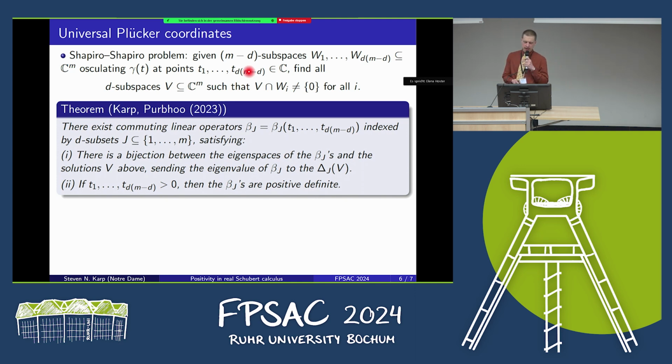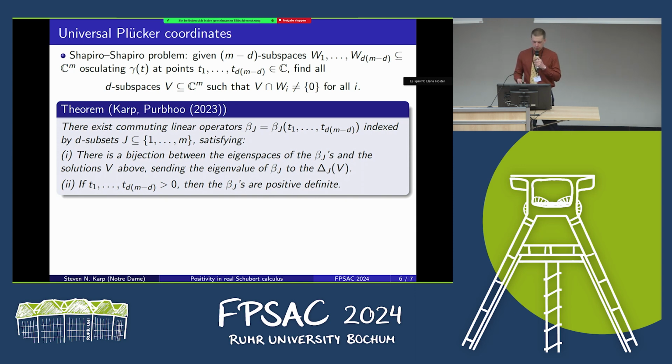And again, we want to find all solution subspaces V that intersect each w_i non-trivially. So what we do is we construct what we call universal Pluecker coordinates, beta_j. These are functions of the parameters t_i, and they're indexed by d-element subsets j of the integers 1 through n. Here you should think of j as indexing a Pluecker coordinate.